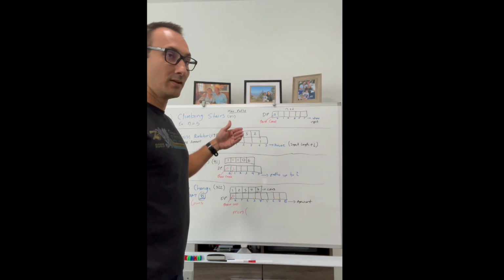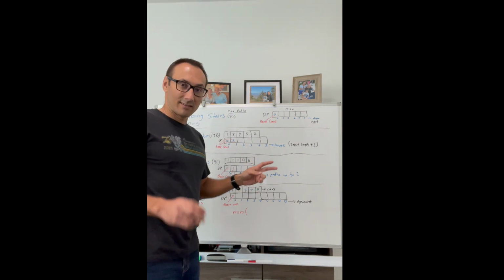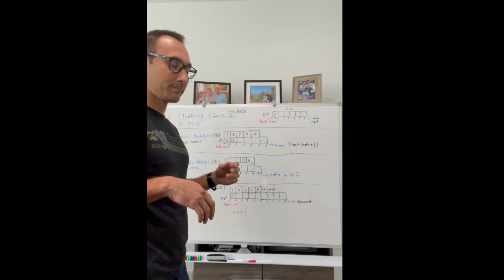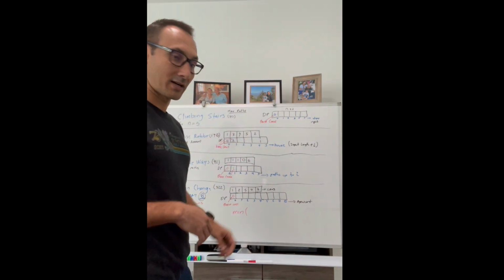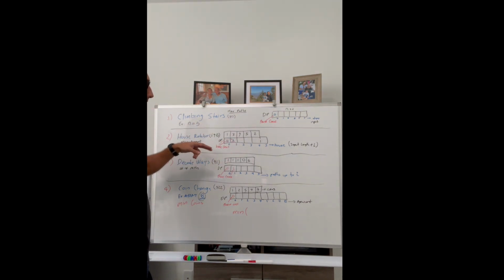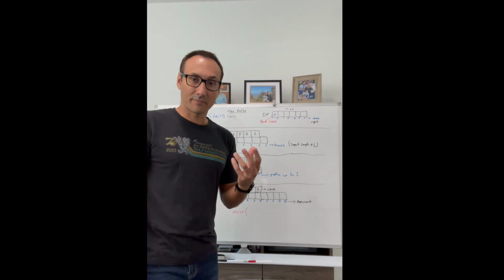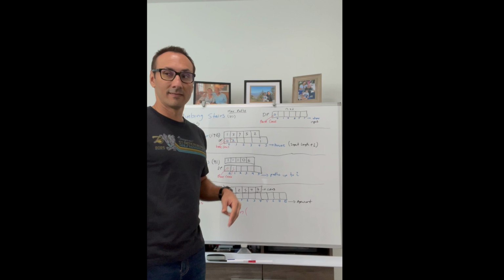So when you do recursion plus caching the values, that's dynamic programming. But again, the true form of dynamic programming is this, right? The bottom up approach.